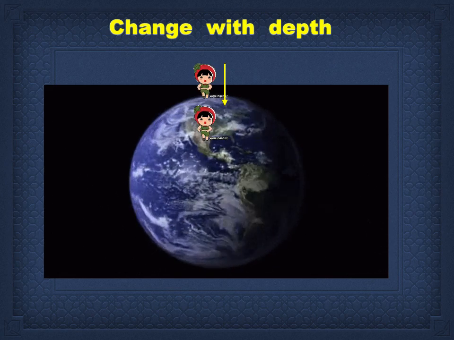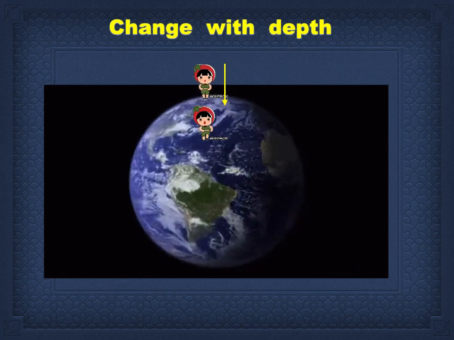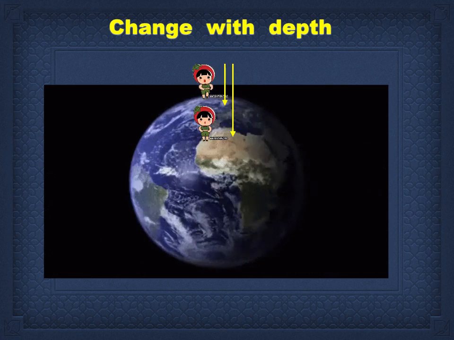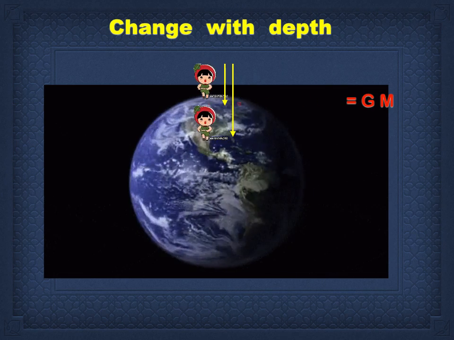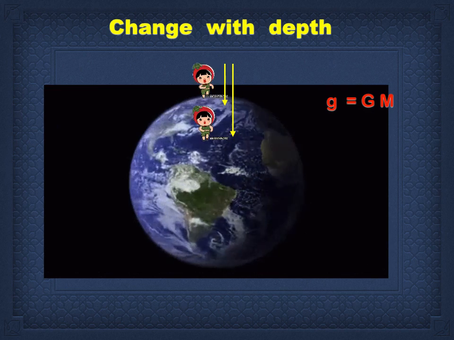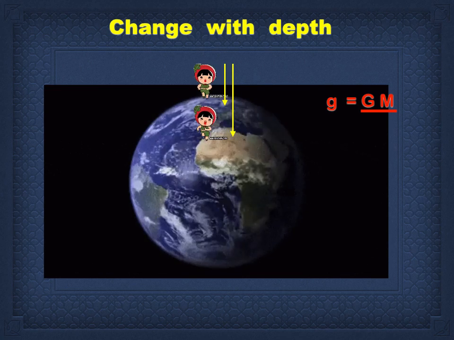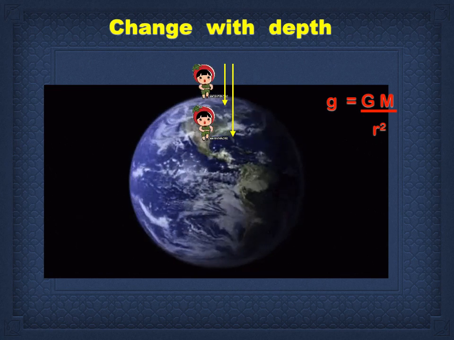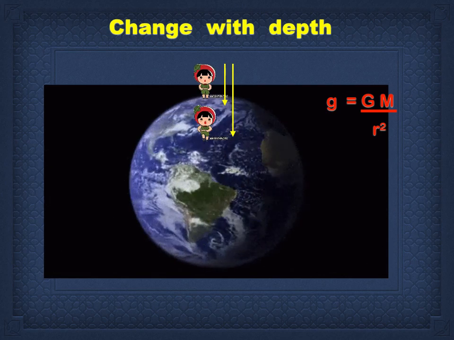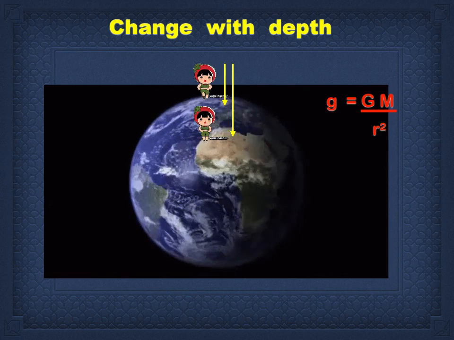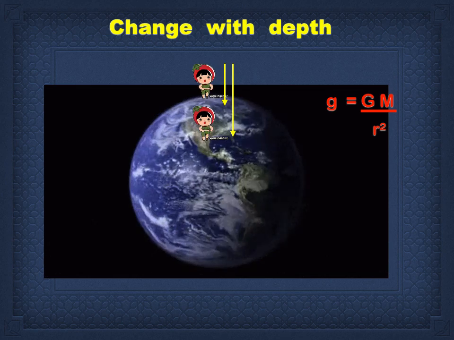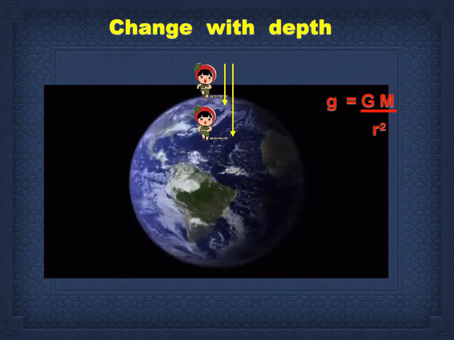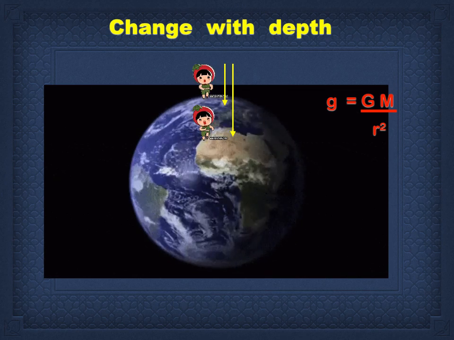Now the girl moves inside the Earth. As we know, according to the equation, g is equal to GM upon R square. As R decreases, you would think that the value of g should increase because it is inversely proportional.